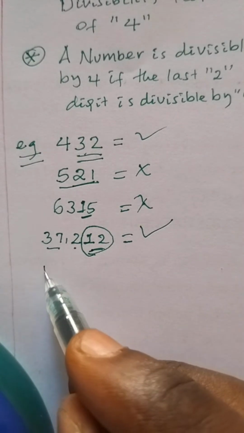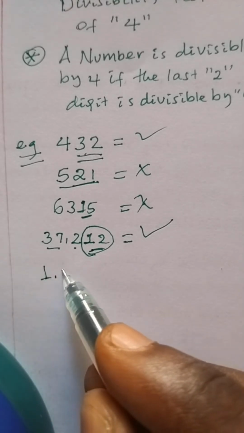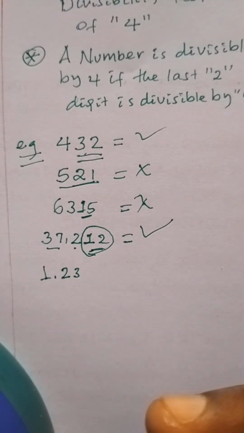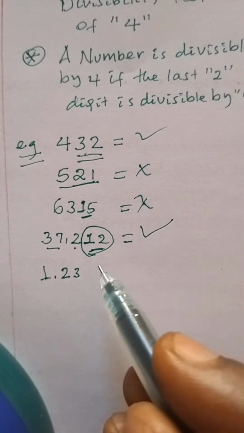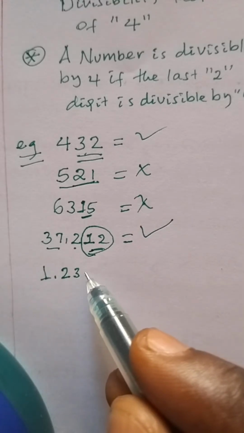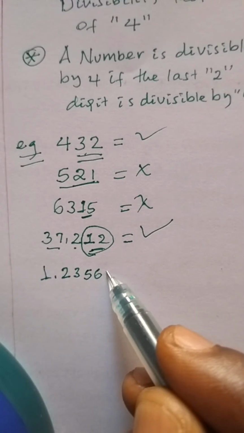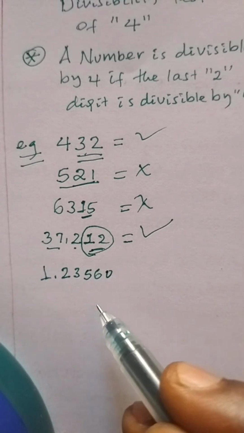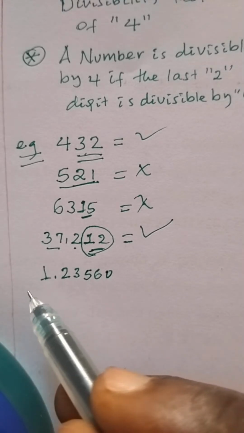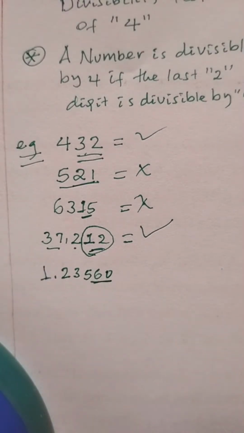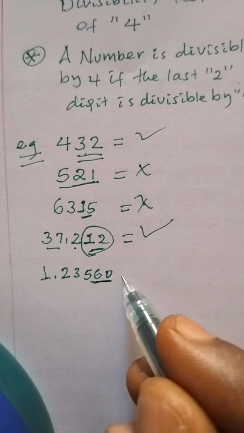Let's take 1,000,000 23,000 2,300,000. Just write whatever you want. Let's take this number. We simply look at the last two digits, which are 60.